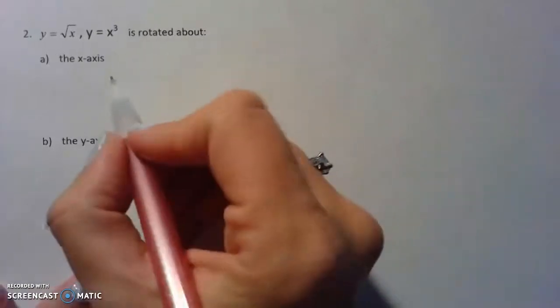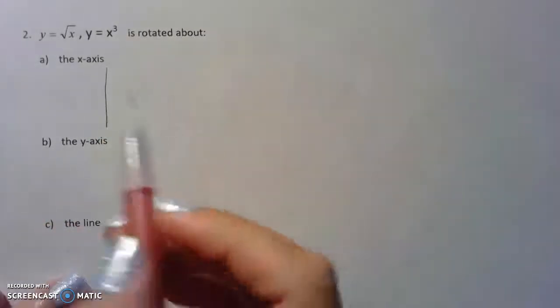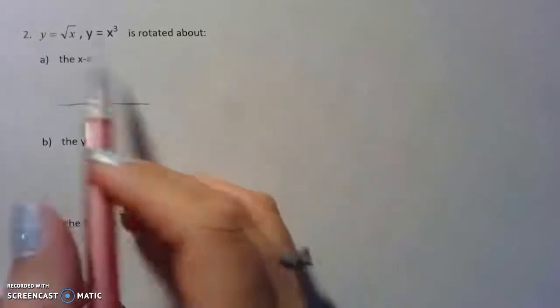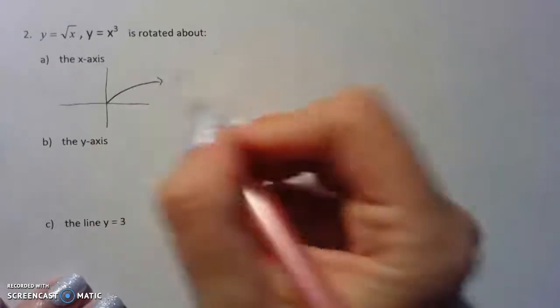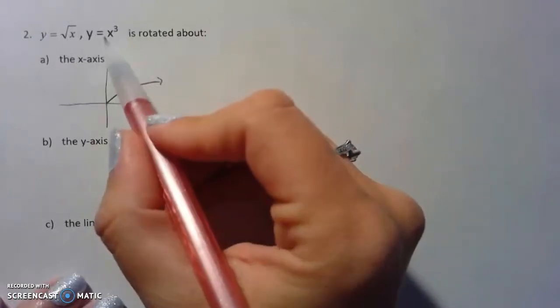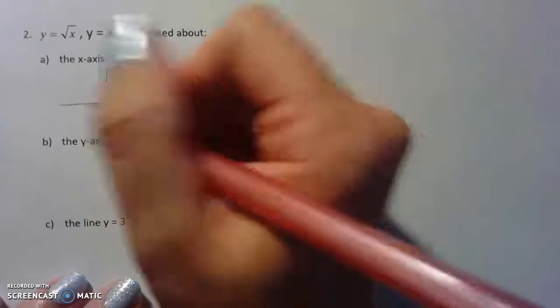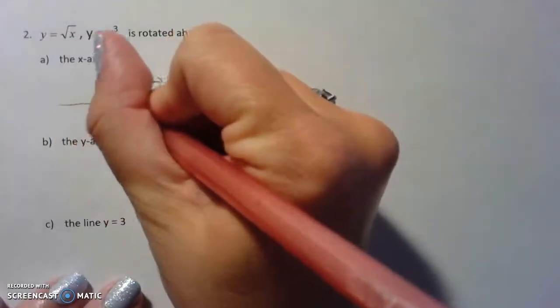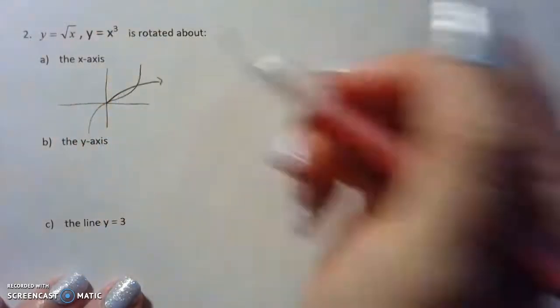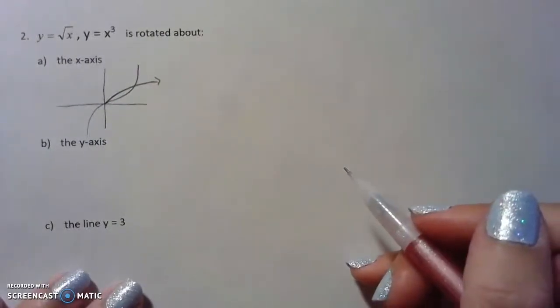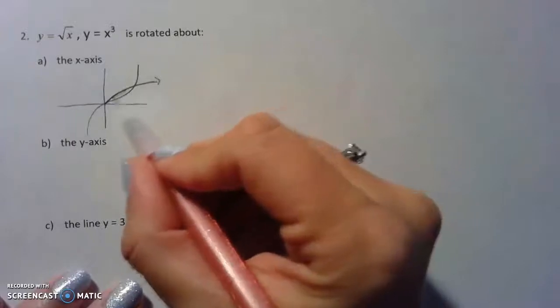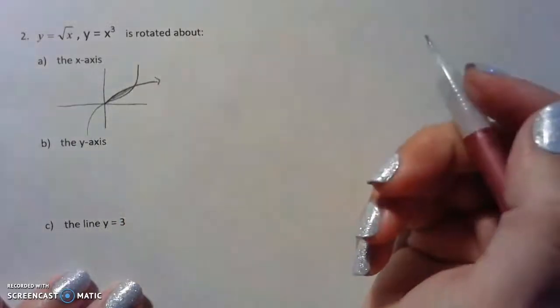Okay, so my first thing is to draw myself a picture so I can see what we have. The square root of x, that's going to look like this. The x cubed, so that's going to look like this. So what we're doing is we're looking for the region bounded by those, so that's going to be this little space here.